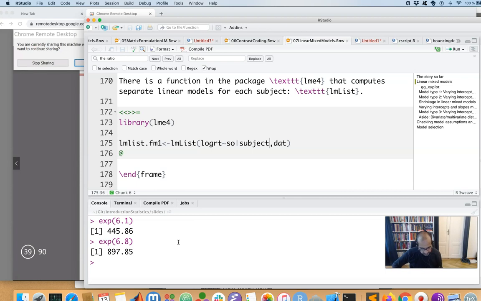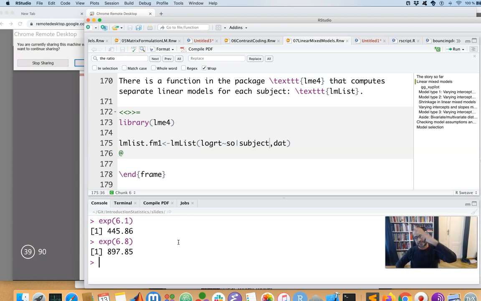What I want you to notice is that these two broken lines are sitting on top of each other, right? This is a very impressive fact. The linear mixed model's estimate for subject 37 is completely unaffected by the fact that half the data for subject 37 is missing. The reason it's unaffected is due to shrinkage.